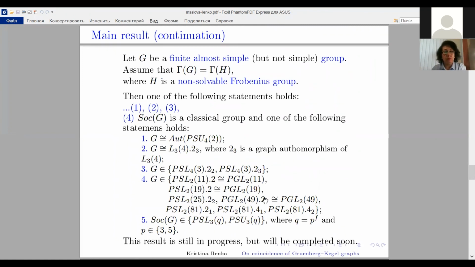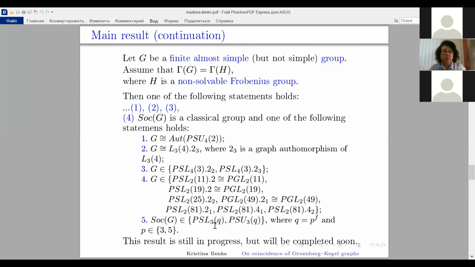I think it is the case of PSL2(q) and PSU3(q) and PSU2(q). Can I make a small comment as a co-author?